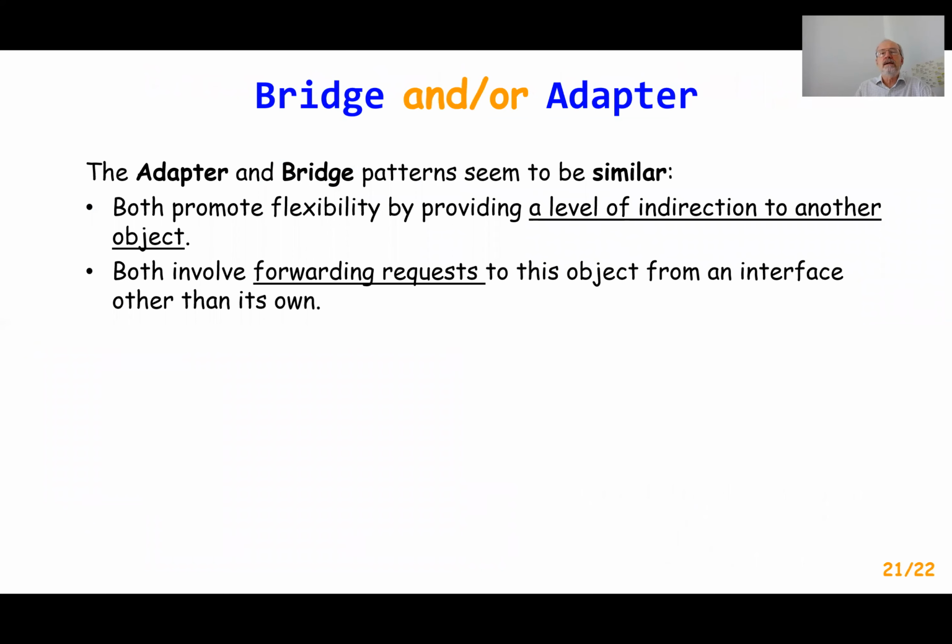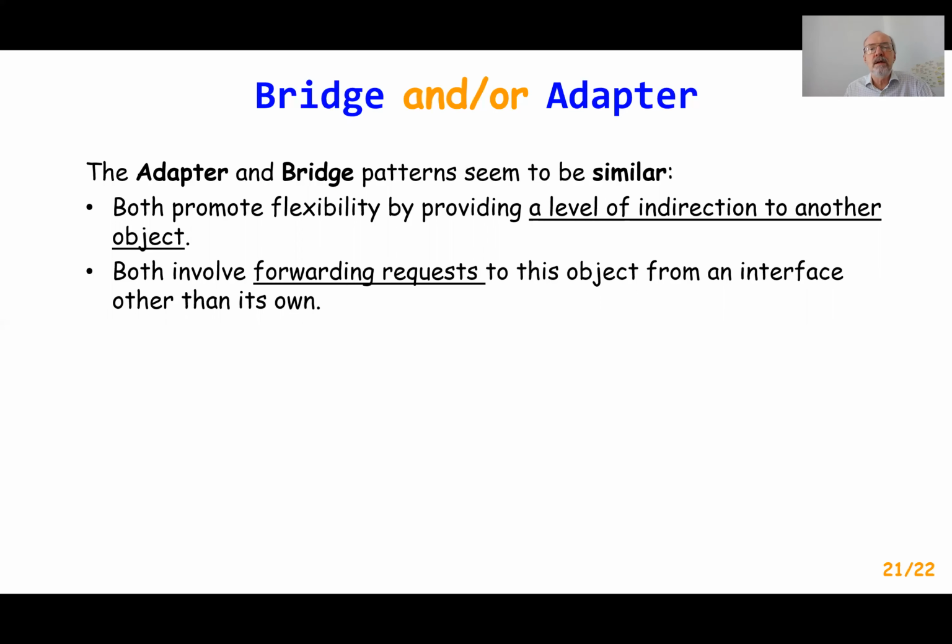Okay, and the last slide for today is a kind of comparison between the bridge and adapter patterns. Because you probably already understand that many patterns we have considered, and many patterns we will be considering later, in some sense seem to be similar. This is also about the adapter that we have already considered before, and the bridge.